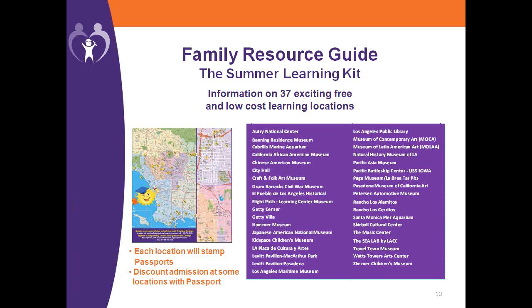You can see here the 37 locations listed, everything from the Autry National Center to the Flight Path Learning Center Museum to the Los Angeles Maritime Museum, to Santa Monica Pier Aquarium, the Music Center, Watts Towers Arts Center. So lots of great places. We try to be diverse in the locations that we picked, diverse in terms of geography, diverse in terms of the type of experience that families could encounter at these locations. We're continuing to build out, and next year we're hoping to have even more locations.